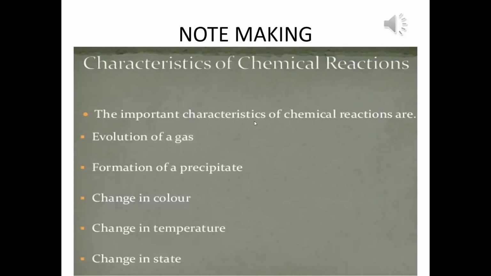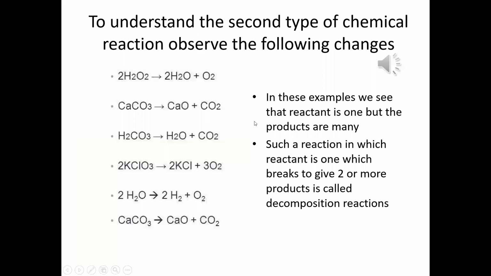To discuss the types of chemical reactions, first let us observe all these reactions on the slide. If we see all these examples, we see on the left hand side only one reactant is present. That means we are taking only one substance which is undergoing a change.